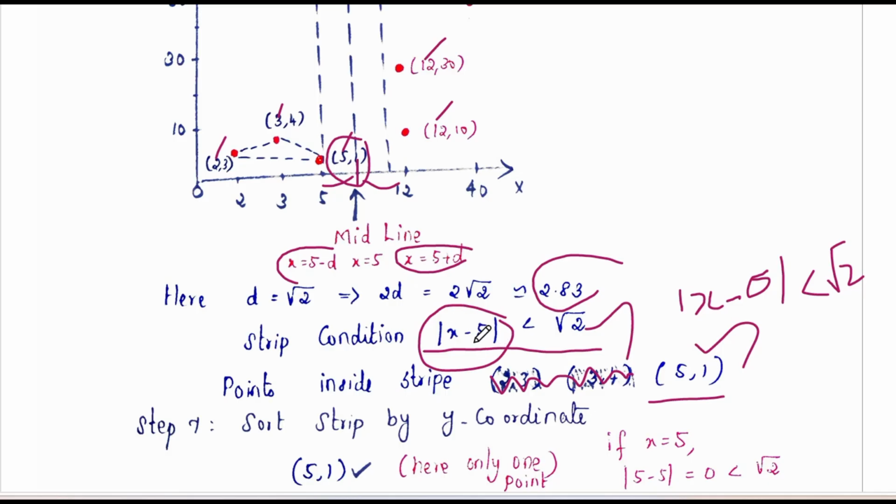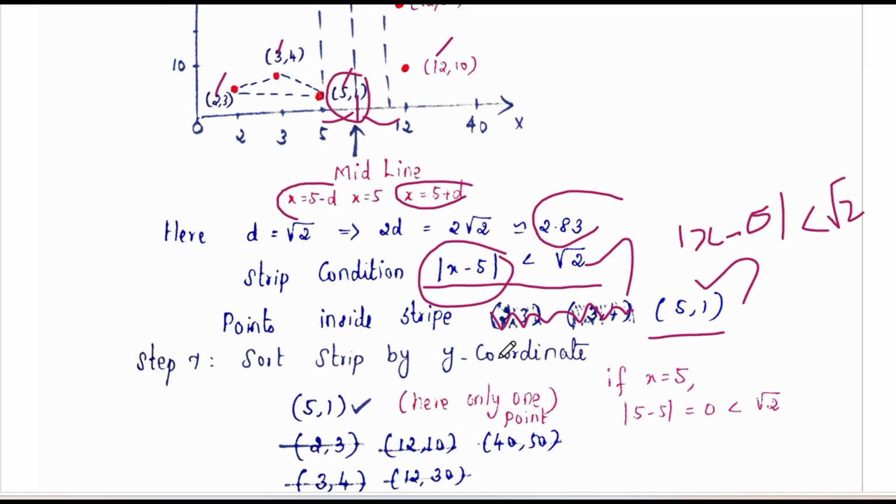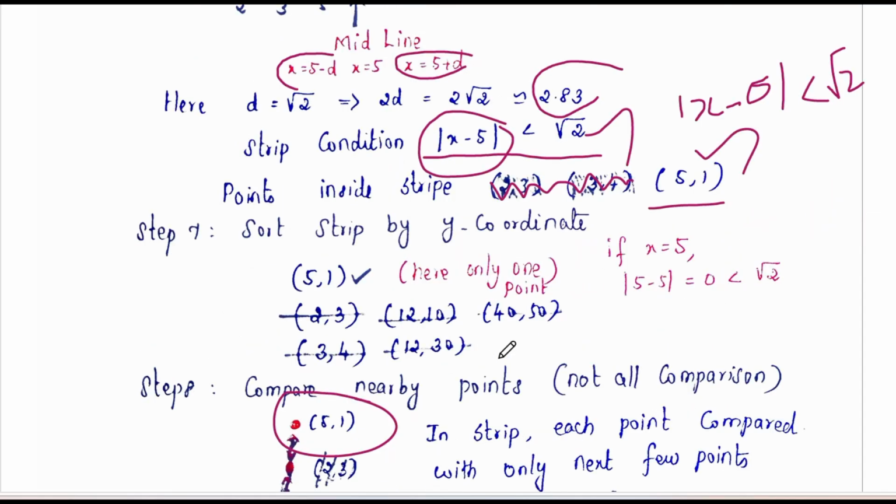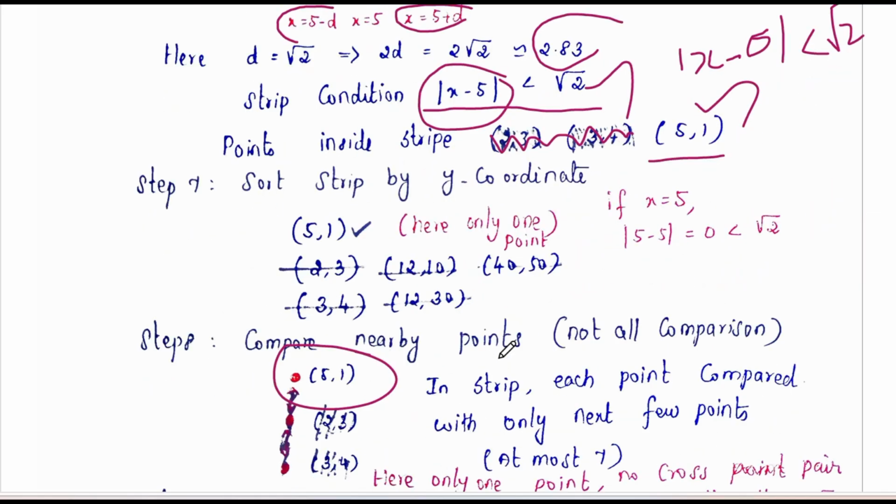Then apply the x value of every point; the points that satisfy the condition are taken. Arrange those points in ascending order based on the y coordinate value. Then find the minimum distance again. If more than one point is there, find the minimum distance among those points, and whichever is minimum, take that as the minimum distance.